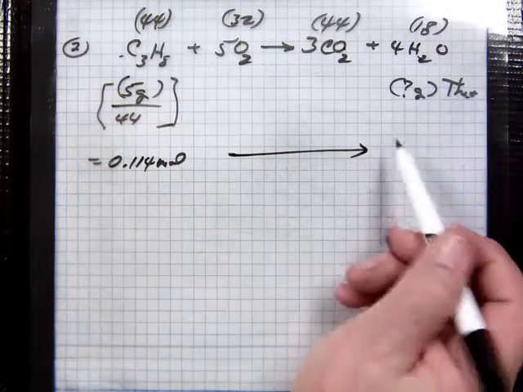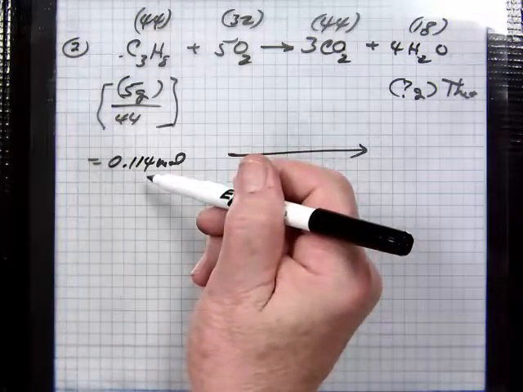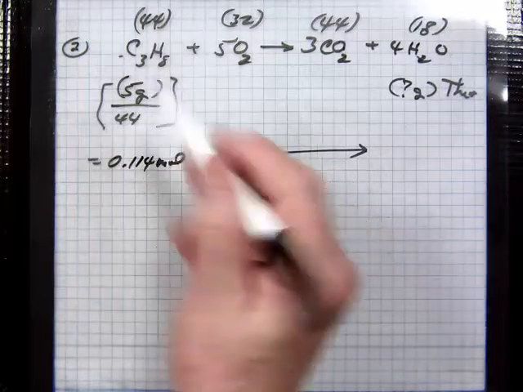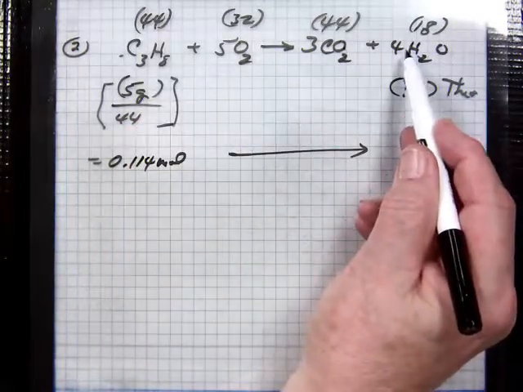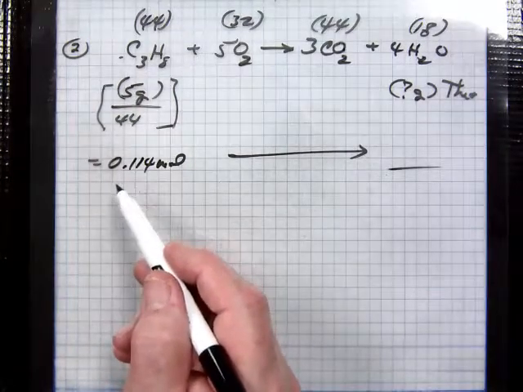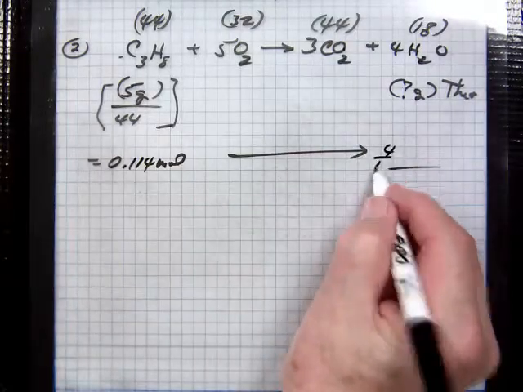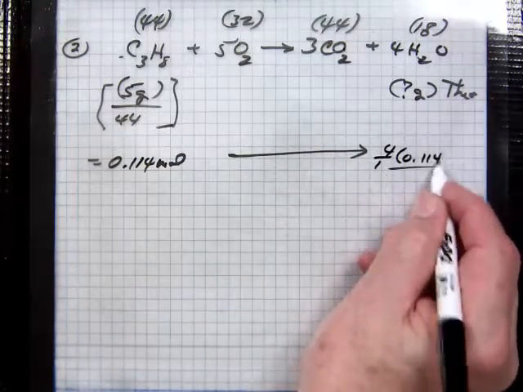Will the number be bigger over here than what I start with, or smaller? Bigger. See, I got a 1 here and a 4 over here. So whatever I get over here, it's got to be bigger than 0.114. By how much? 4 times. That's right. It's actually 4 over 1 times 0.114 mole.